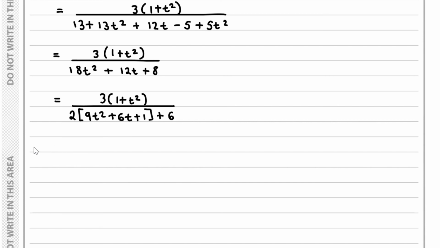So it turns out here f of x is equal to 3 lots of 1 plus t squared over 2 lots of 3t plus 1 all squared plus 6. So that is what f of x is equal to.